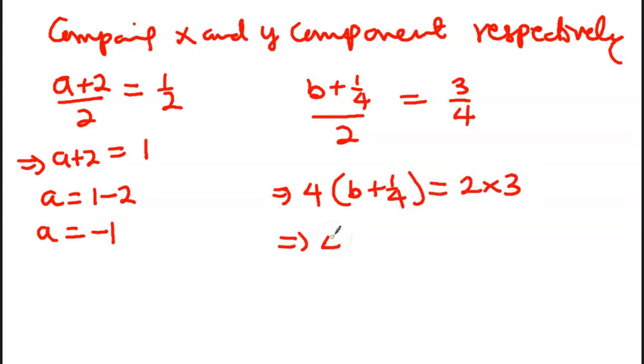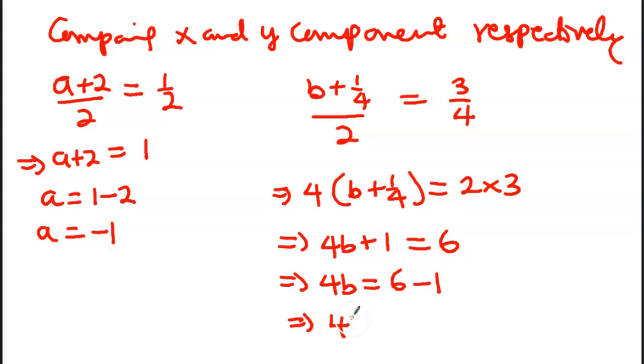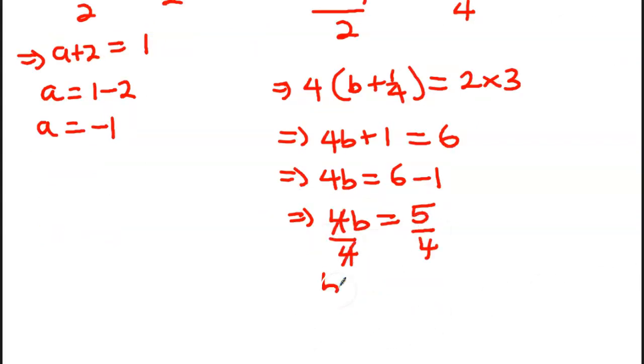So we have 4B plus 4 times 1 over 4 is equal to 6. So we have 4B is equal to 6 minus 1. We send 1 to this side. So we have 4B is equal to 5. We divide both sides by 4. B is 5 on 4. And this is an improper fraction. 4 going into 5 is 1, remainder 1 on 4.